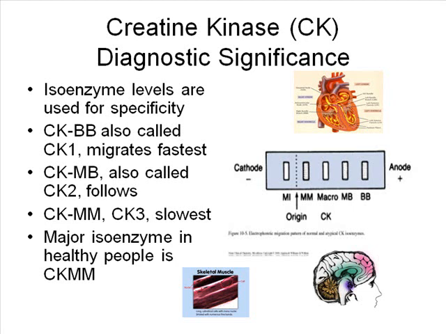So if you had a normal patient, you would see only a big blob of MM. If you have somebody with an MI, a heart condition, you're going to see a blob at MM and a blob at MB. If you see somebody with a brain tumor, you might have MM with a blob at BB, okay, because it's coming from your brain.